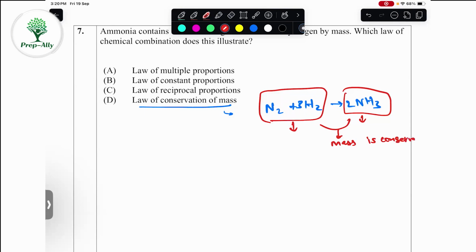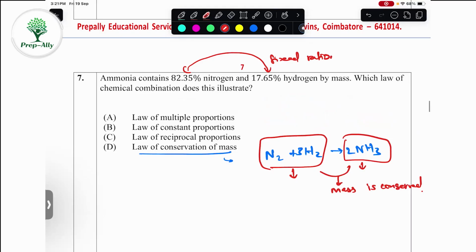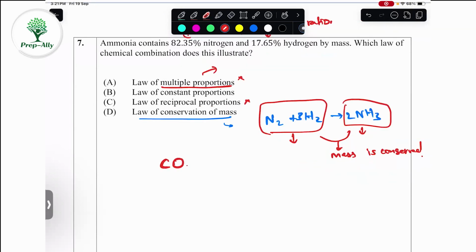But they are not referring to the conservation of mass. They are referring to the percentage, a fixed ratio, fixed percentage, I can say. So multiple proportion, no, this won't come, and reciprocal proportion will also not come. Multiple proportion involves, like, carbon dioxide and also carbon monoxide, but both of them have carbon and oxygen.